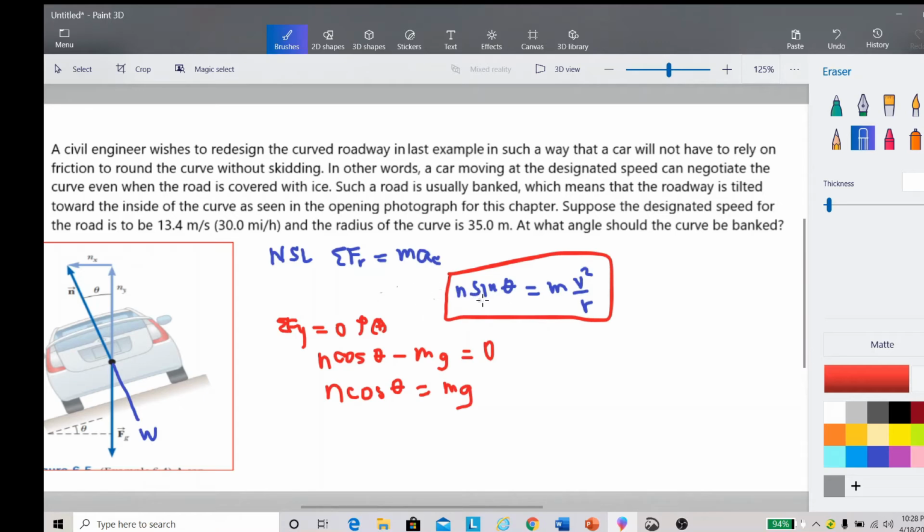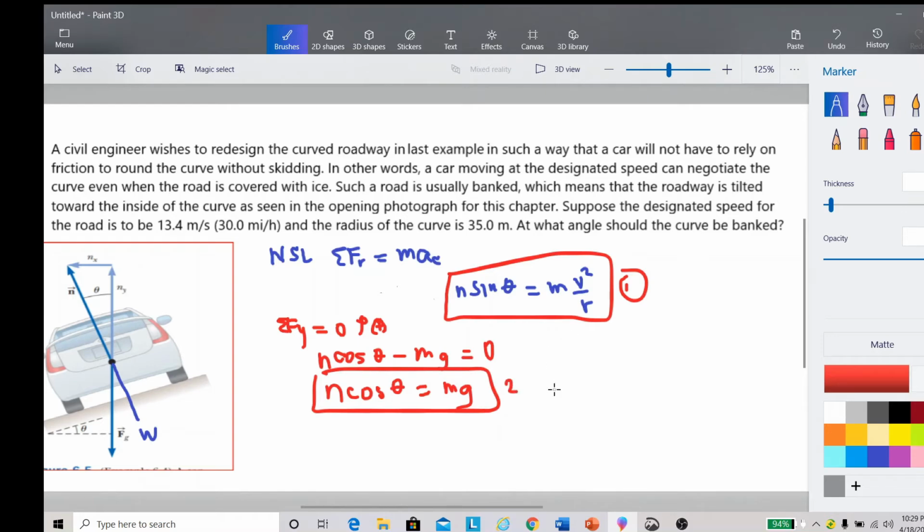So n sine theta is equal to m v squared over r, and n cosine theta is equal to mg. We have this as equation number 1, and this one as equation number 2.